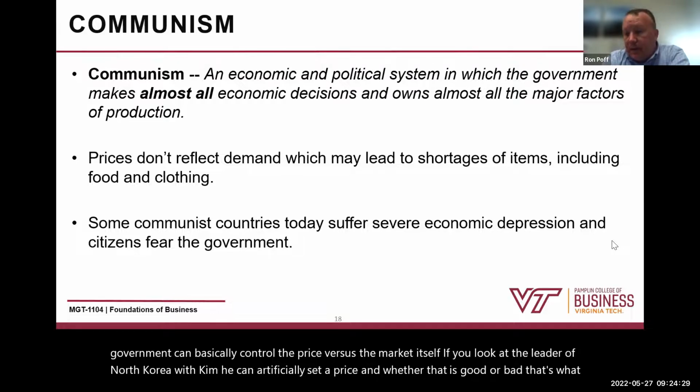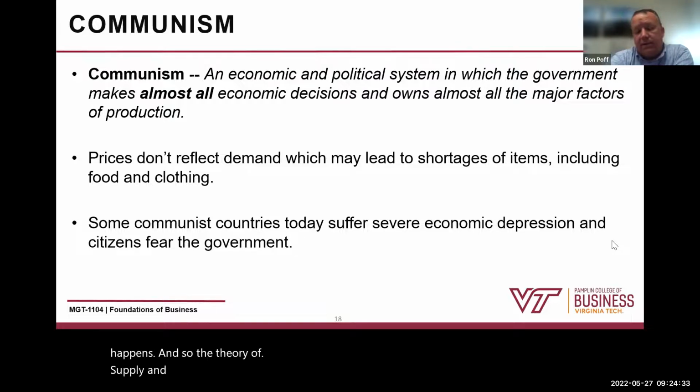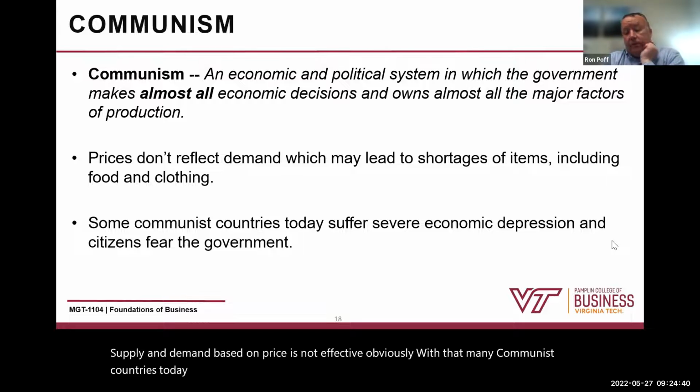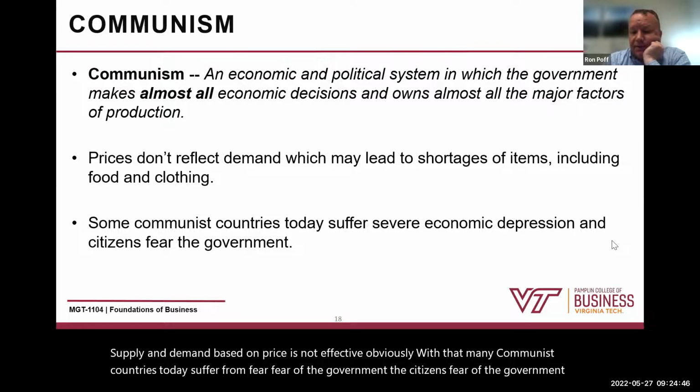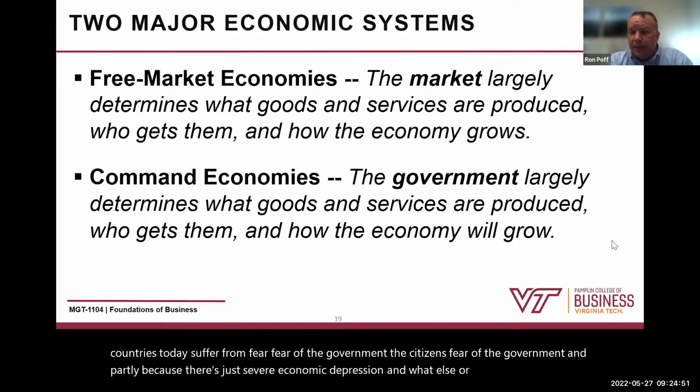And so the theory of supply and demand based on price is not effective with that. Many communist countries today suffer from fear of the government. The citizens fear the government, partly because there's just severe economic depression. And what else or where else can they go?